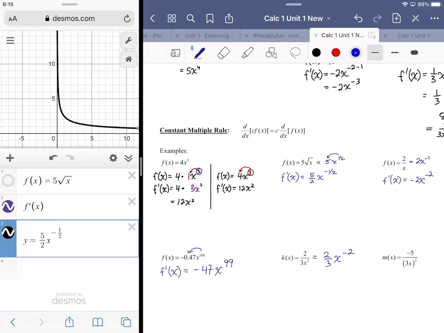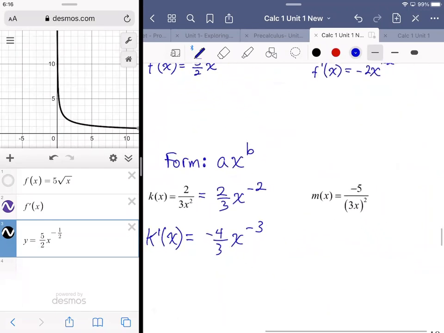So the form should be a times x to the b. If it's not in that form, you want to try to get it into that form because that's the easiest shortcut for finding the derivative. So negative 4/3 x to the negative third. Multiply power by coefficient, reduce the power by 1.